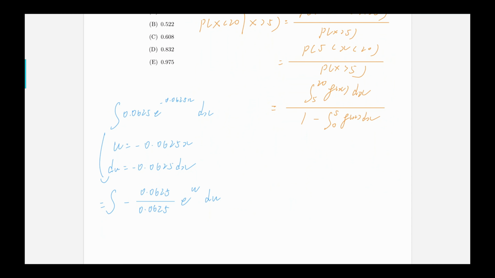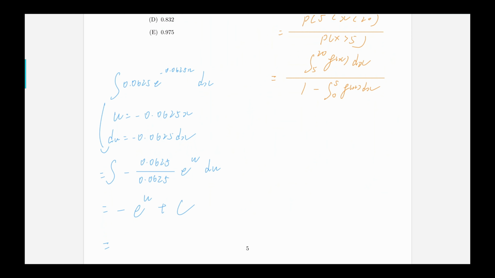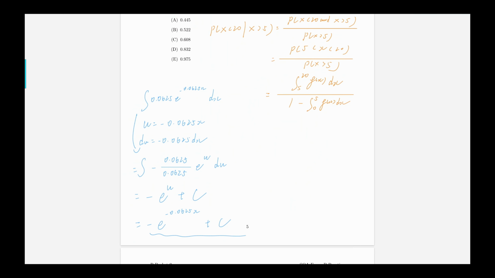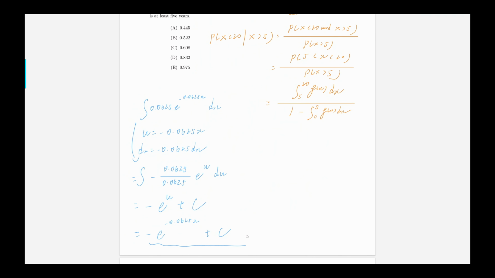This is simply going to be negative e to the power of u plus c, and now I can substitute back: negative e to the power of negative 0.0625x plus c. So just a little bit of calculus here.